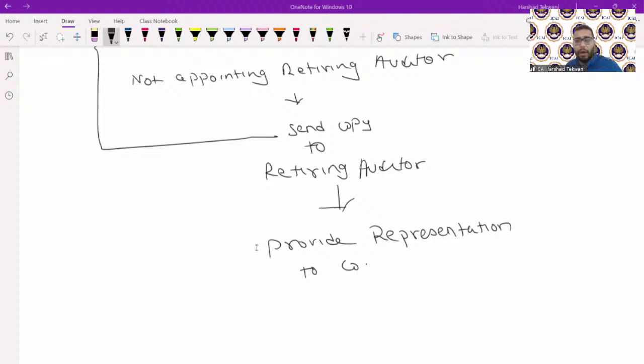Also, if the representation is not circulated, then the auditor is required to file the representation with the registrar. If the company feels that there is an issue, such as the representation not being appropriate or containing facts that are not correct, then the copy of the representation will not be circulated and will not be allowed to be read in the meeting. So a check will be done for the representation.